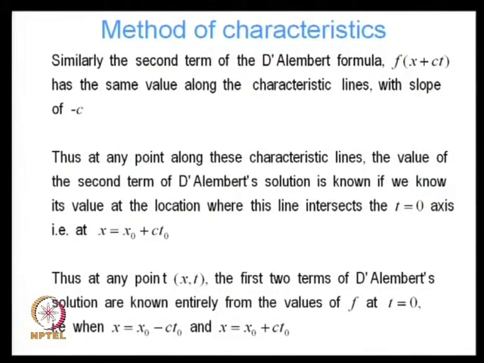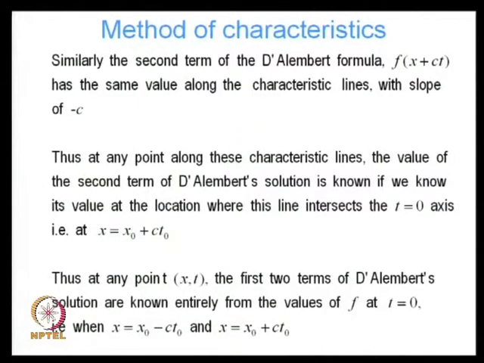This is very important. What it's saying is that at any point in the x-t domain, if I know the solution at x0 minus c t0 and x0 plus c t0, the first part involving f of x minus c t and f of x plus c t is totally known.